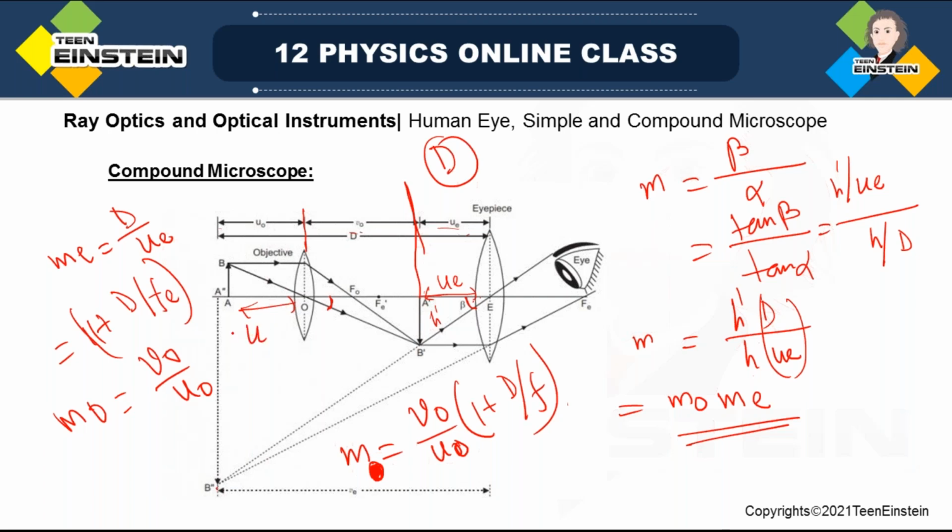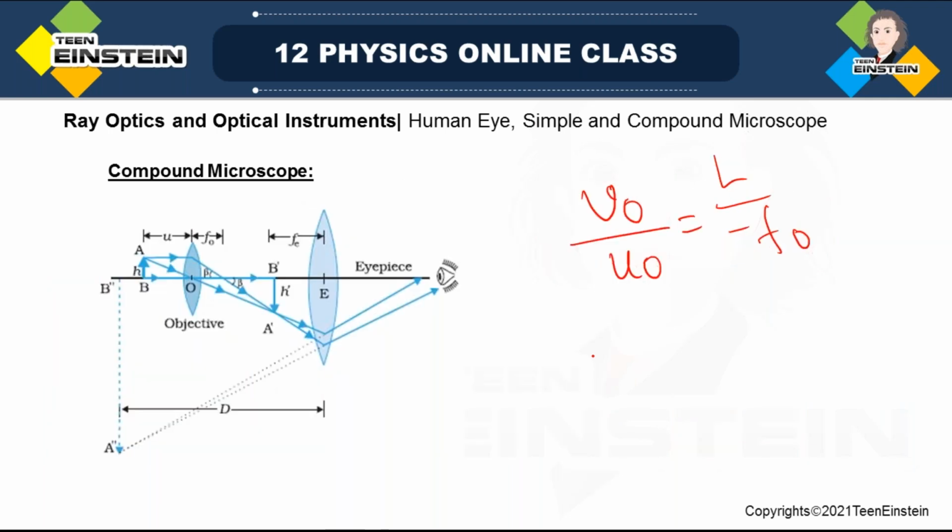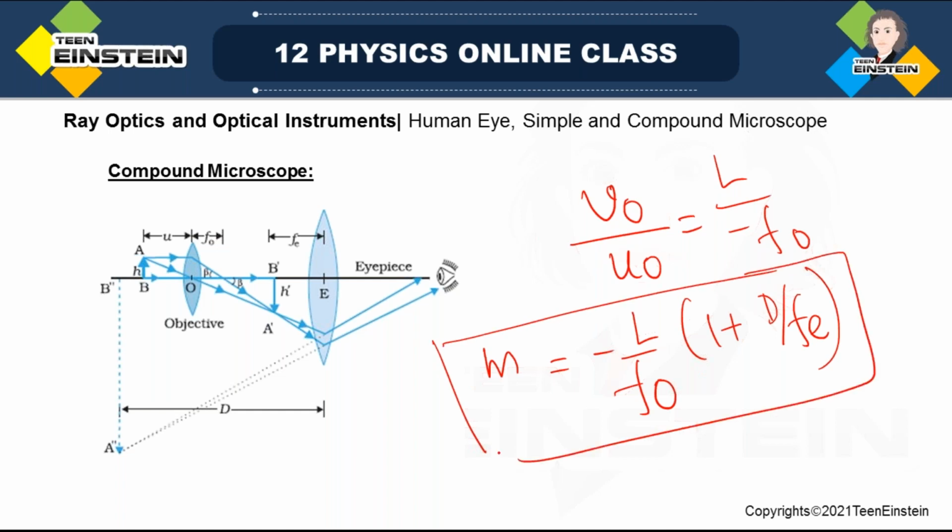So we just consider that the object is kept at uo, meaning minus fo, at the focus. So from there, finally what we will get, M is equal to minus L by fo into 1 plus D by fe. This is the final magnification, when the image is formed at D.